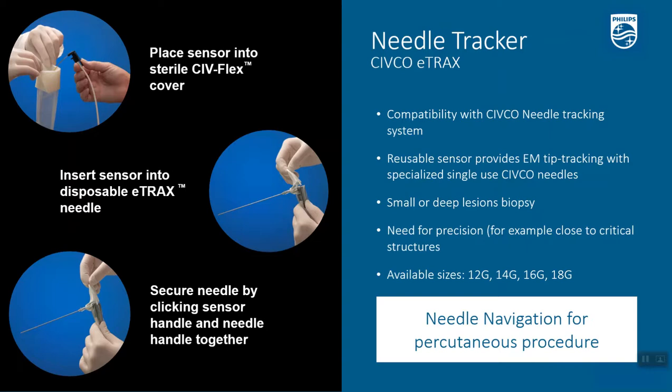E-Track can be used for small or deep lesion biopsies where you need more precision. It is available in four sizes: 12, 14, 16, and 18 gauge.